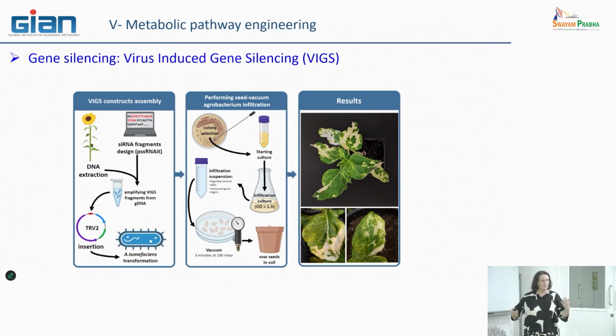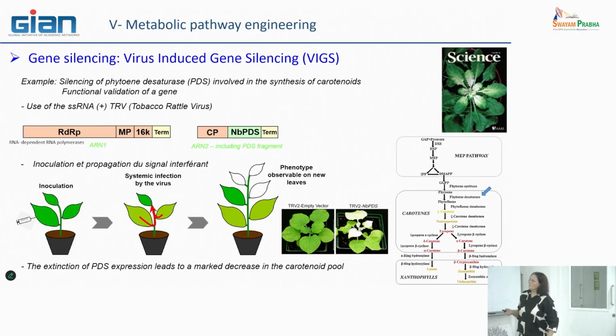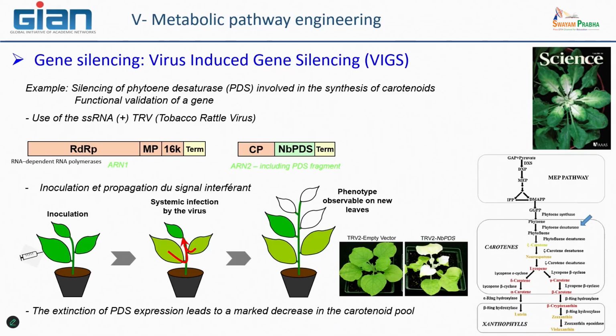And after, you can do what you want. So this is exactly what we currently do. Here are the constructions: we use the double RNA of one specific virus I showed you yesterday. The first one has the phytoene desaturase, for example, and here is a gene targeted by the experiment.